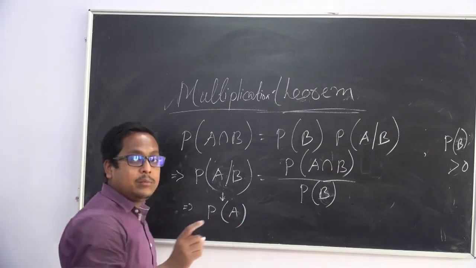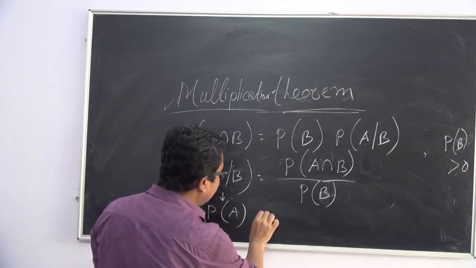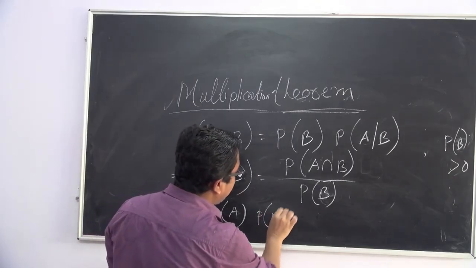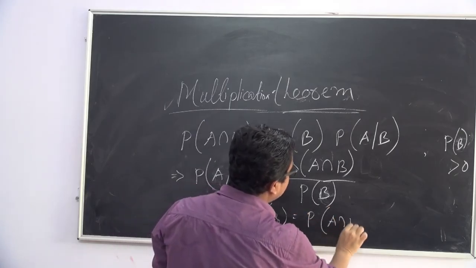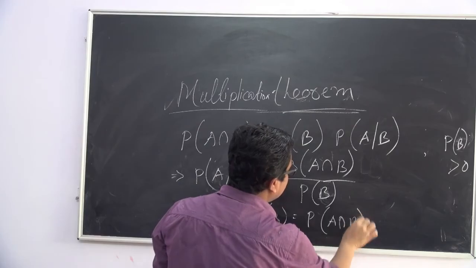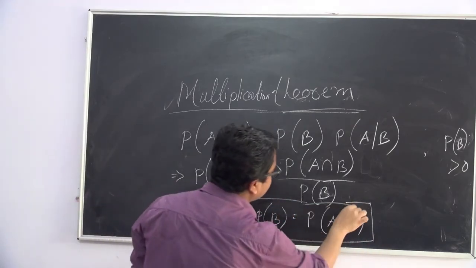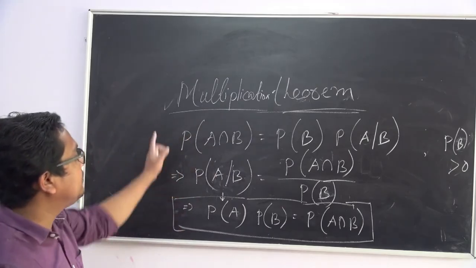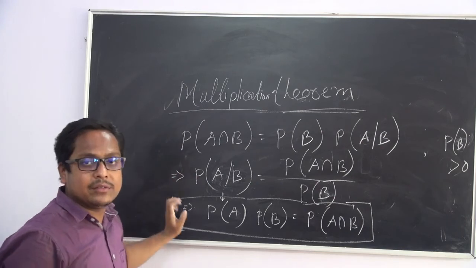So if A and B are independent, I can write from this equation that probability of A and probability of B is equal to probability of A intersection B. This is also important. Okay, these are some theorems on probabilities.